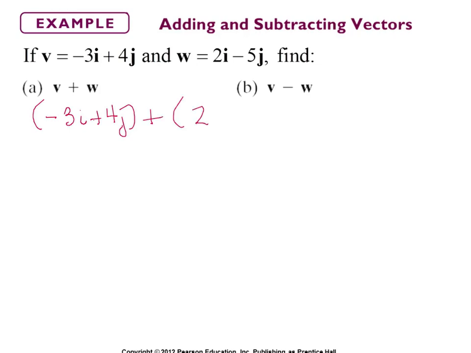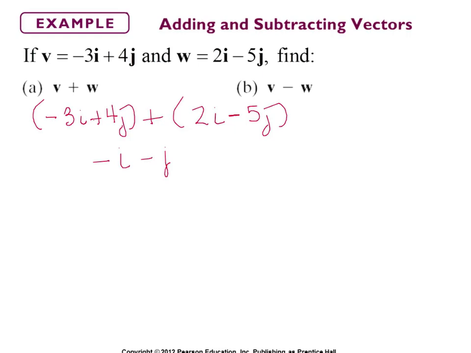But I have to add like terms. So when I add vectors, it's just adding. So what would be the answer to A? Minus i, minus j, exactly. Minus i minus j, I just add them.